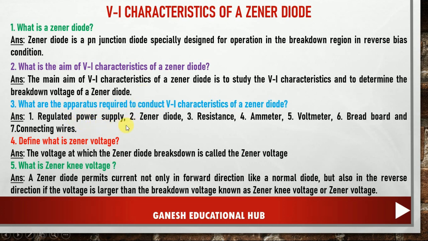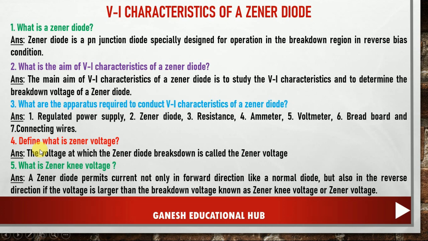Third question: what are the apparatus required to conduct VI characteristics of a Zener diode? There are 7 items required: RPS, regulated power supply, Zener diode, resistance, ammeter, voltmeter, breadboard, and connecting wires.